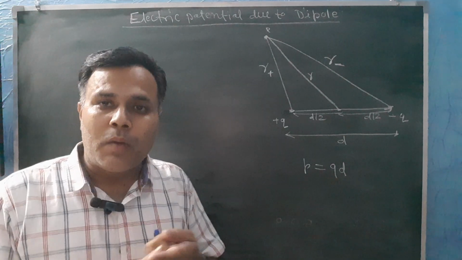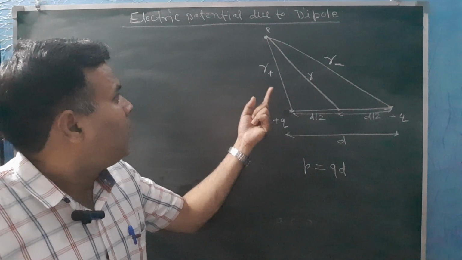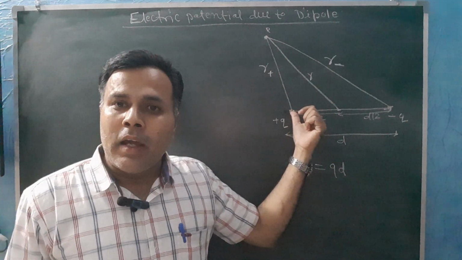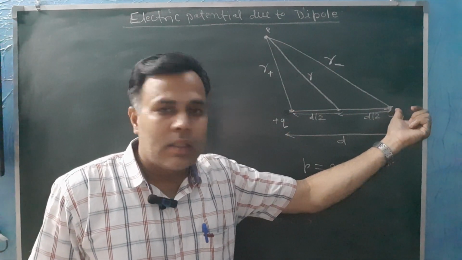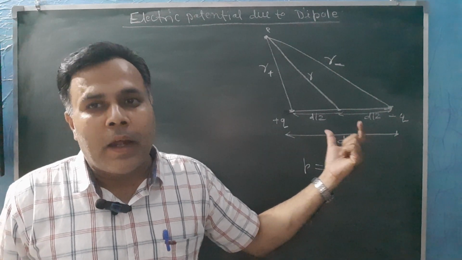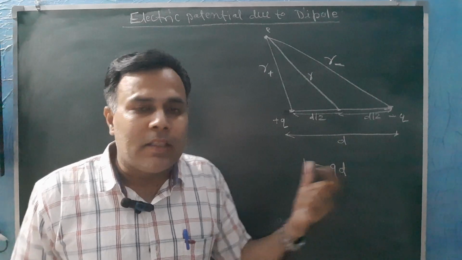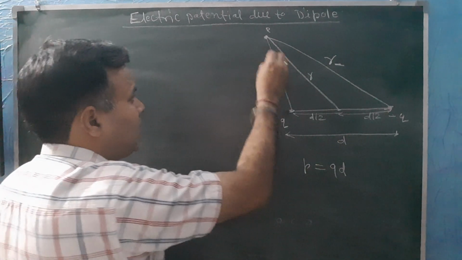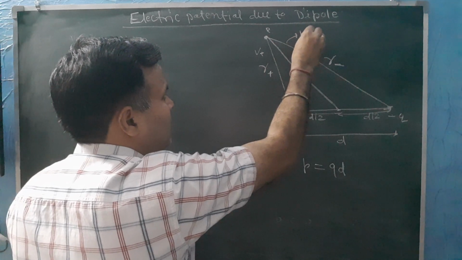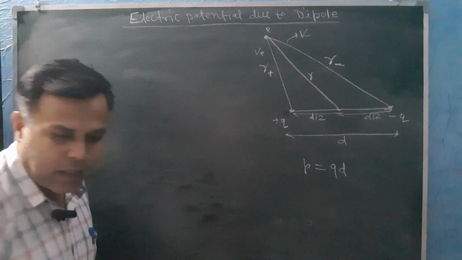So what is our job? Our first job is to find the electric potential due to this plus charge and then due to this minus charge. Potential is a scalar quantity, so we can simply add these potentials. The potential corresponding to this charge is V plus and to this charge is V minus. And what is V plus?